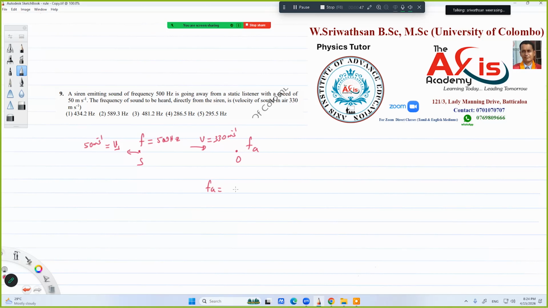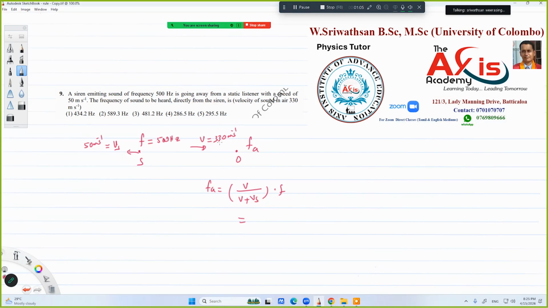So the formula is the relative velocity with respect to the observer, that means V, over the relative velocity with respect to the source. Here V minus Vs, no, it should be V plus Vs, isn't it? V plus Vs into natural frequency.